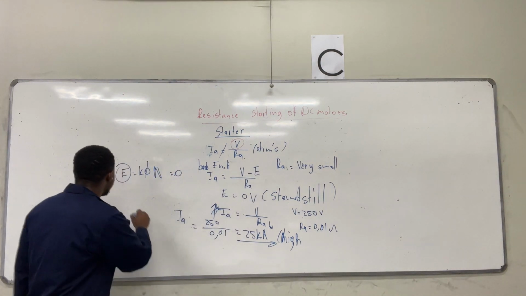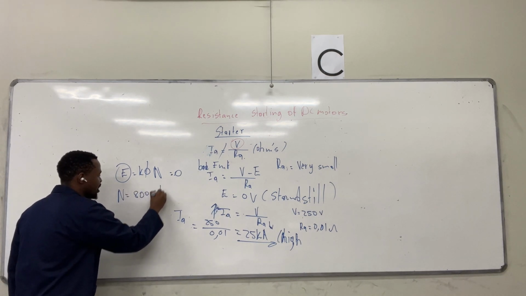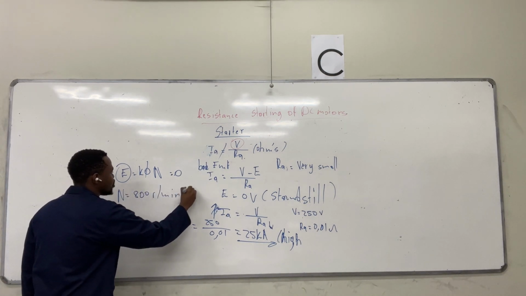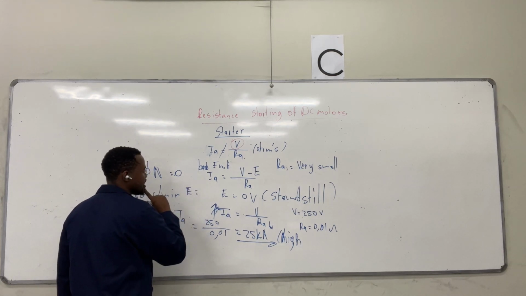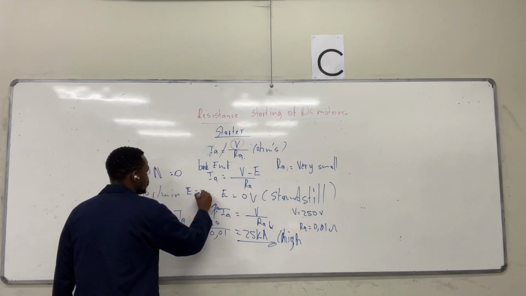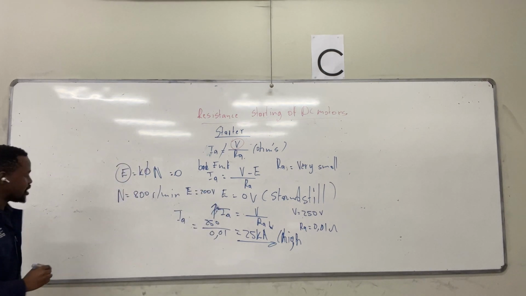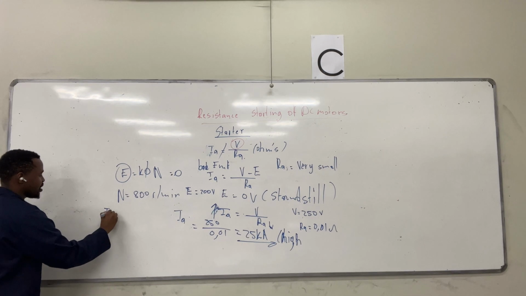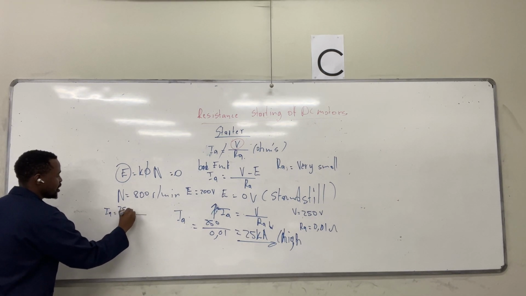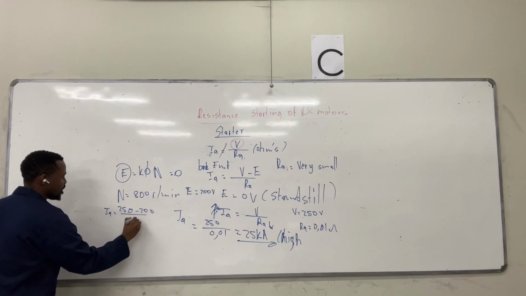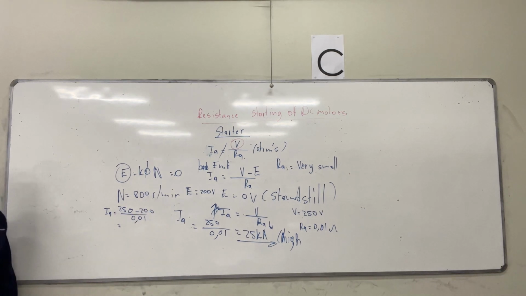So let's say this motor is rotating at 800 revs per minute, and it's producing a back EMF of, let's say, 200 volts. Then the current will be 250 minus 200 over 0.01.